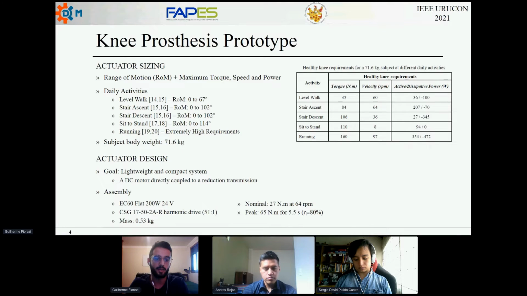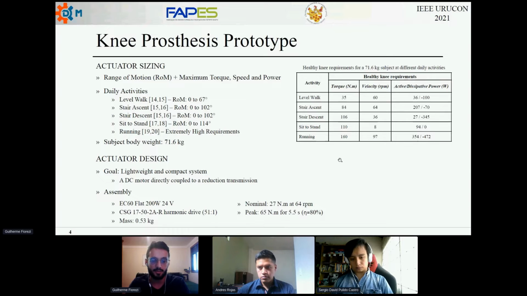To simplify the actuator design, we chose a coaxial motor reducer that tries to balance these requirements presented, and it has to be lightweight and compact because the user sometimes cannot tolerate something so heavy in the lower part of the body.